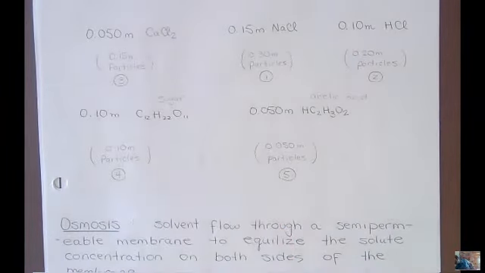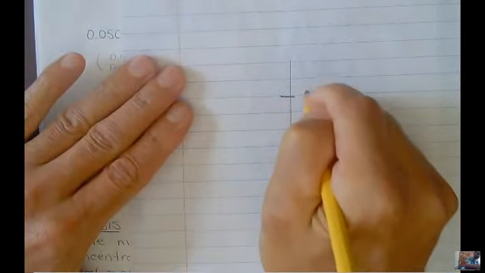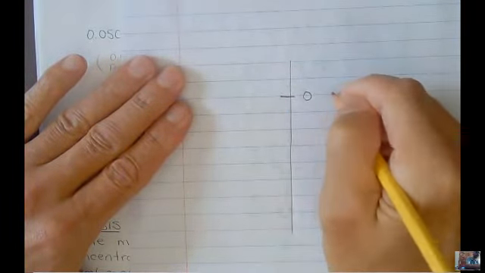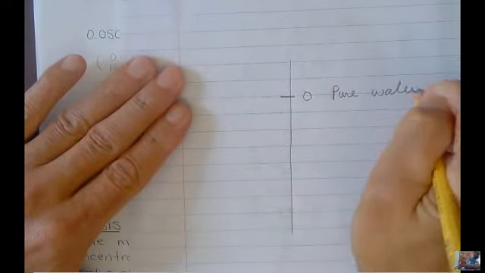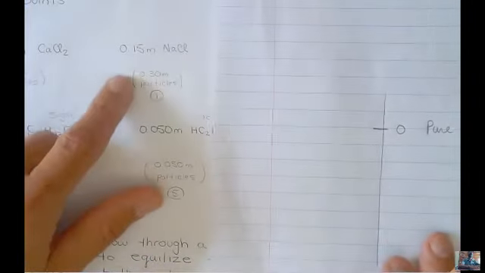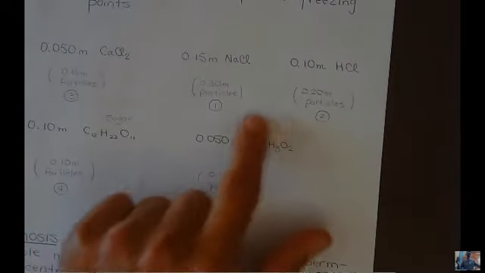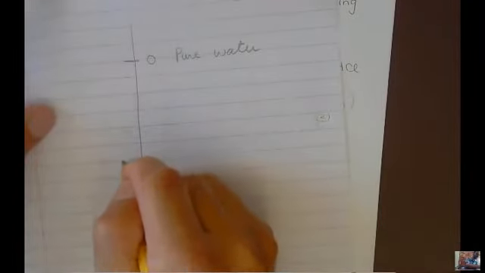They're all going to be slightly below 0. Here's pure water. Here's a thermometer, right? Here's pure water. This will be 0 degrees. That's the freezing point of pure water. Okay, all right, take our 1, 2, 3, 4, 5. They're all depressed. They're all slightly less, right? Well, 1 had the biggest number here, so 1 is going to be depressed the most.